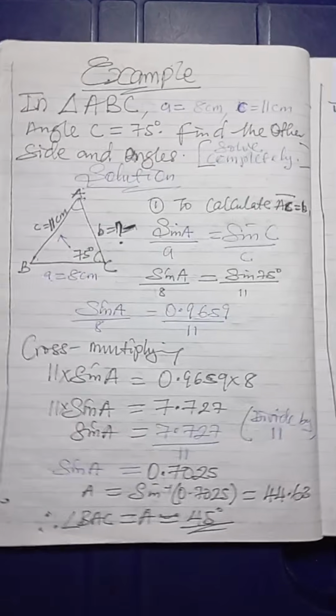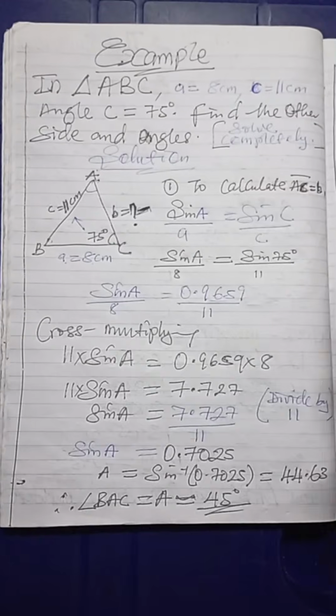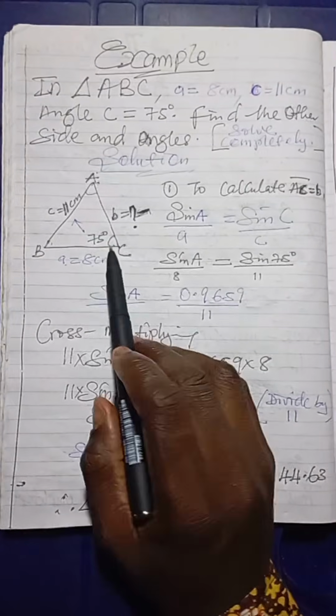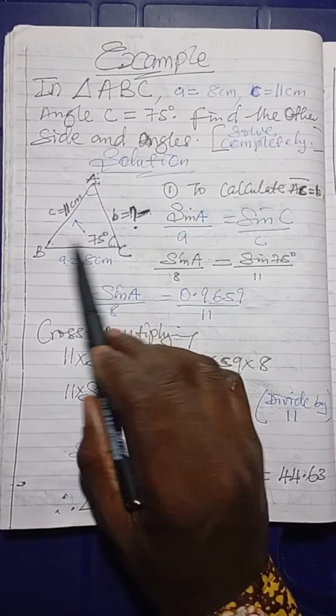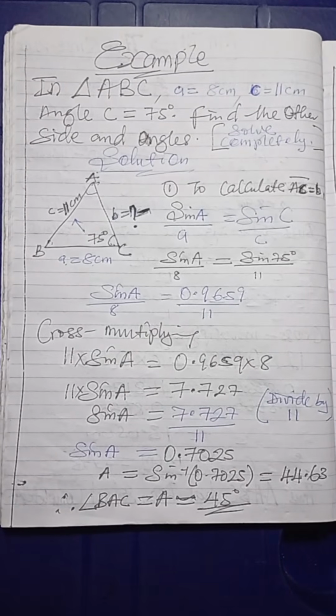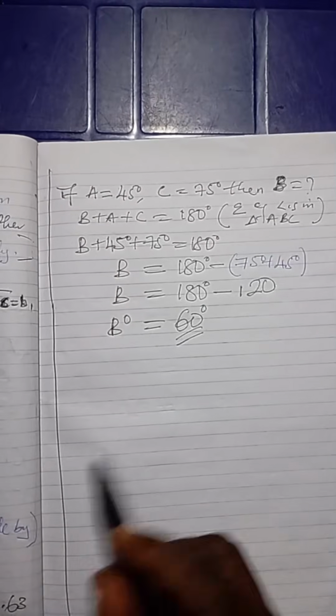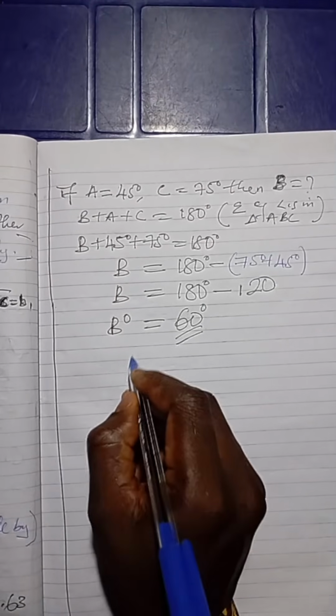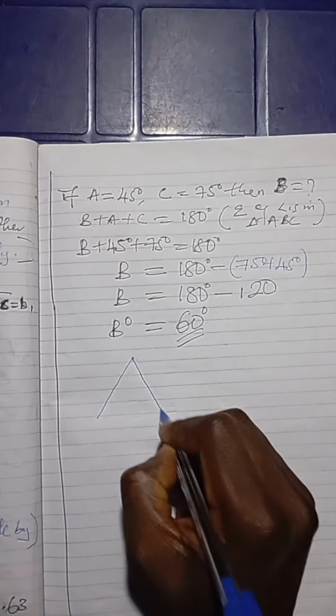Good. So if B is 60 degrees, can we find the side? Let's go back to our question. We have found B, and this one was already given. So can we find the side b? Now attempt it. We can easily solve for it. Let me redraw the diagram for you.